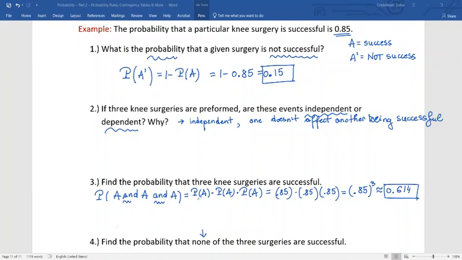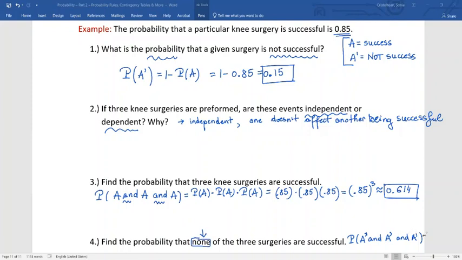Moving on, find the probability that none of these 3 surgeries are successful. The probability that we have none of these 3 surgeries successful will actually be the probability of the first one unsuccessful and the second one unsuccessful. I'm using the complement right here, because the complement is not success, or unsuccessful. And the third one being unsuccessful. So basically, I'm repeating the same thing that I've done at number 3, but this time I'm doing the same thing with none of these being successful.